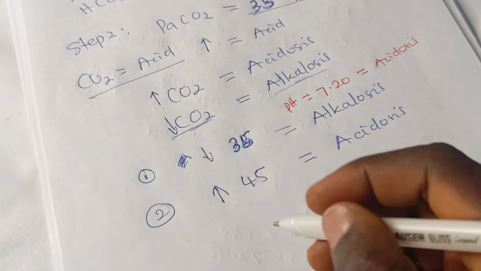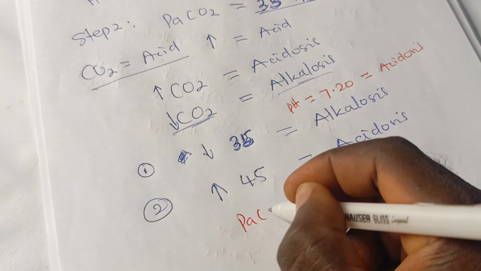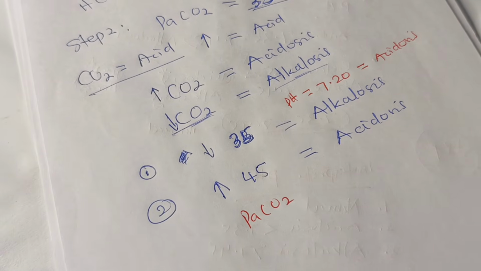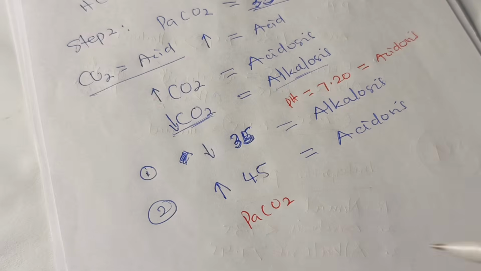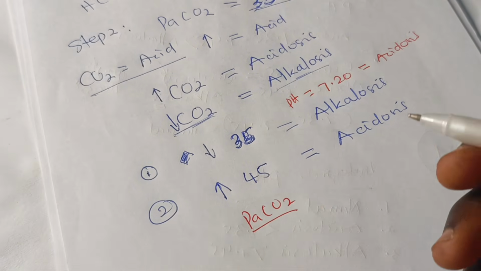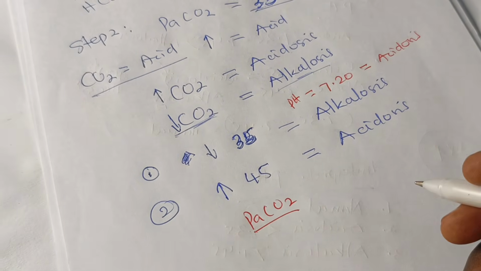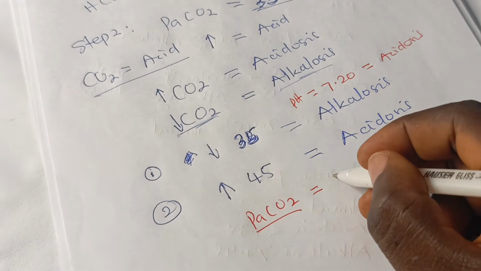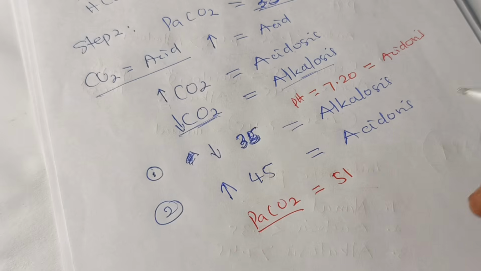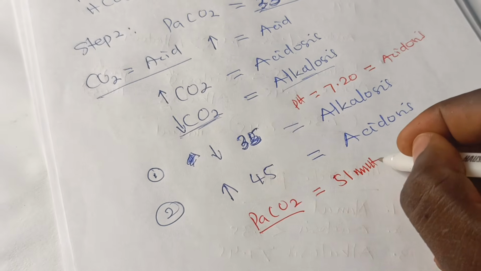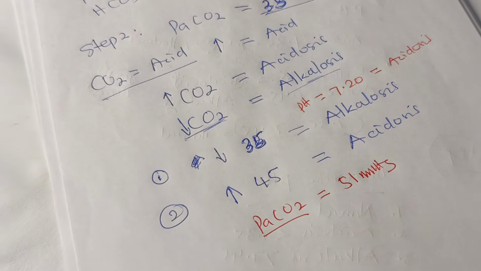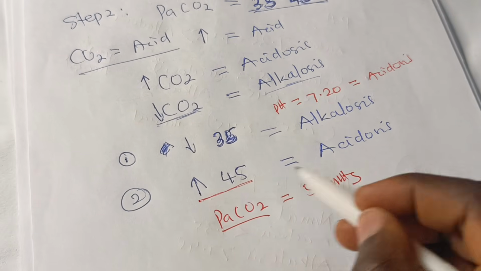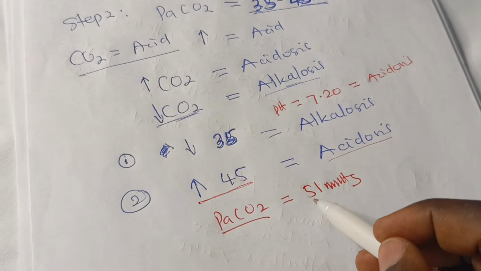Then when we came to the partial pressure of carbon dioxide, they gave us in the question, let's say, 51 millimeter of mercury. Now, if the value is more than this, it should be acidosis. So let's interpret this.